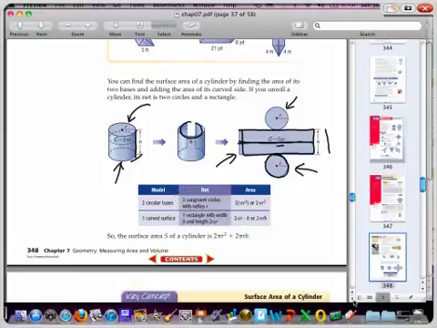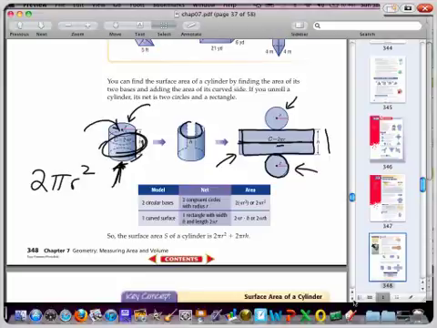If we're talking about a circle, we know that a circle's area is pi r squared, but we have two circles. We have the top and we have the bottom. And then we have the main part of the can, or the main part of the cylinder here. And that is equal to the circumference times the height.